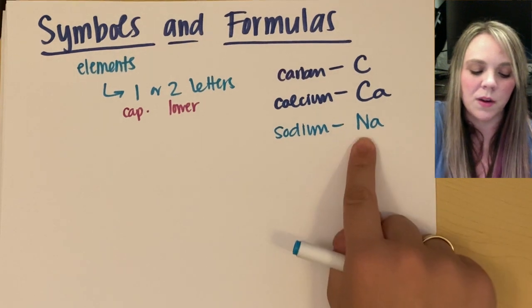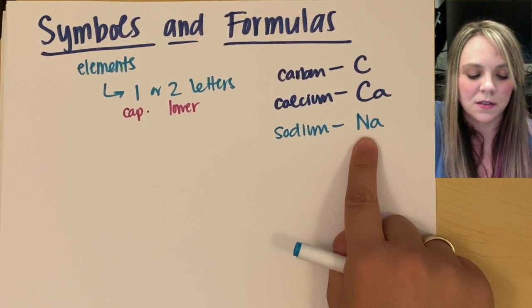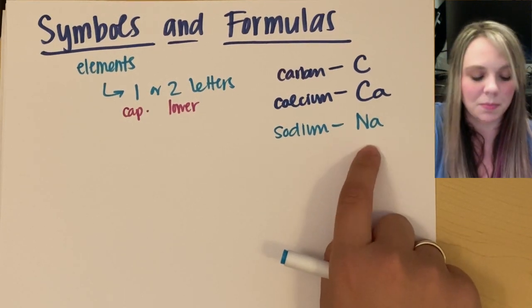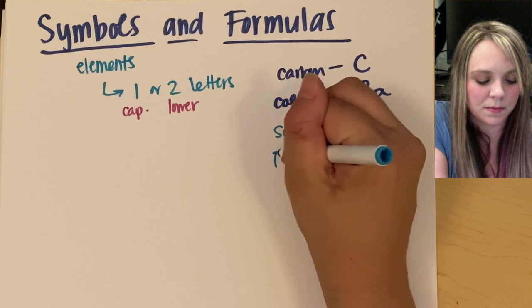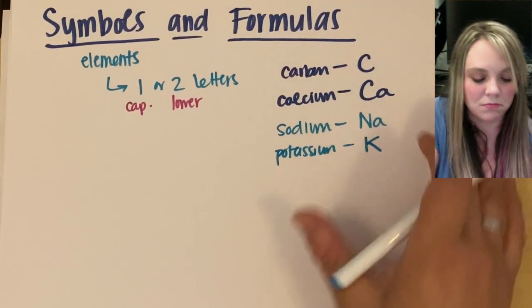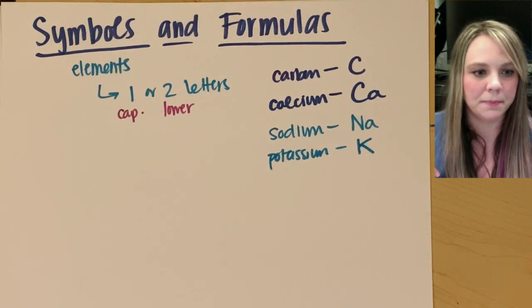So just be wary. There are a few of them that we will use often. There's no N in sodium, so don't get confused, right? Potassium, that's another one. Potassium is just a K, all right? So just keep your eye out for those, all right?